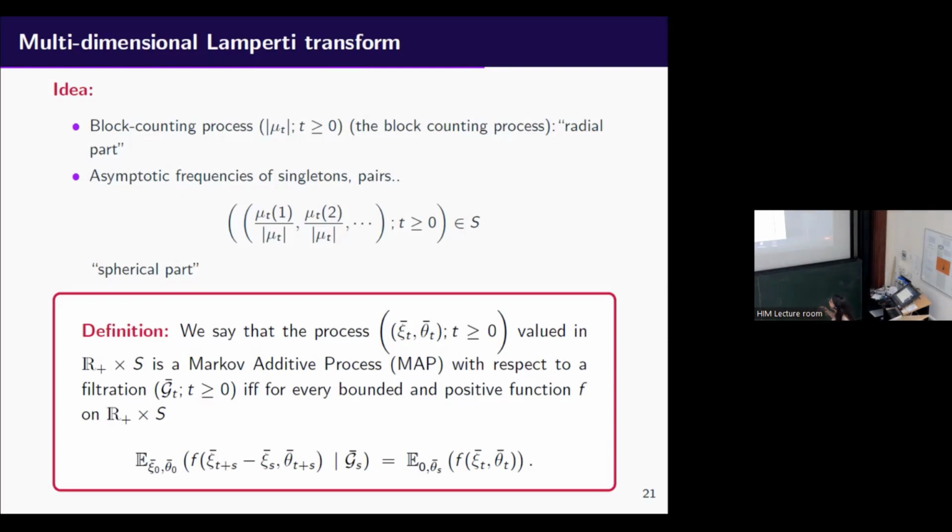Okay. Basically, a Markov additive process is a process that satisfies this property, which basically says that you have one component that is the subordinator and another component which is the spherical component, and basically the jumps of the subordinator control the rates of the other process.